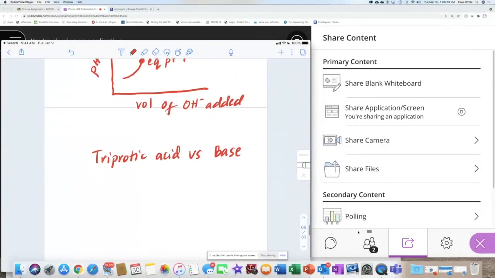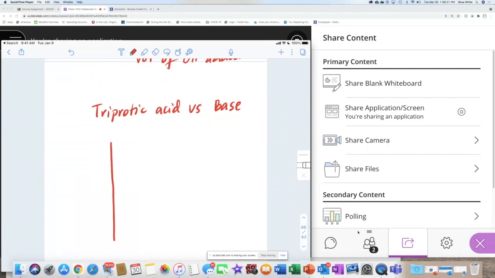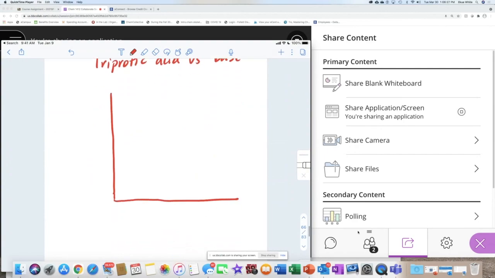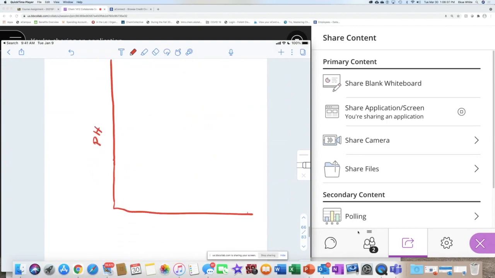So we're going to do pH versus amount of OH minus added.